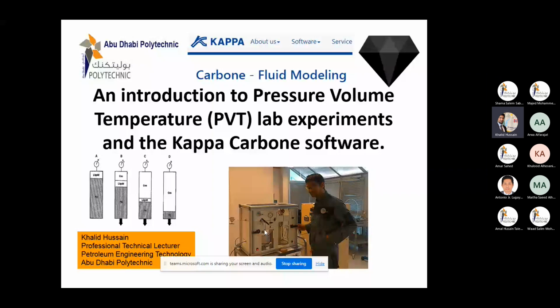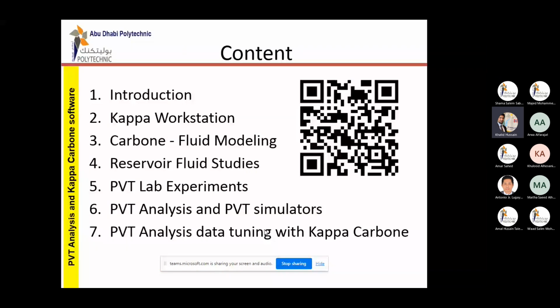So here's a website for Kappa. Kappa is a workstation. Workstation means they have many software modules like reservoir modeling, well testing, and fluid modeling. All engineers work on it. For example, a well testing engineer will work on the well test module, a PVT engineer on the PVT module, and a reservoir engineer on theirs, but they can integrate their data.